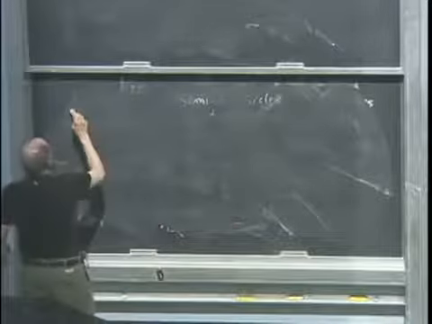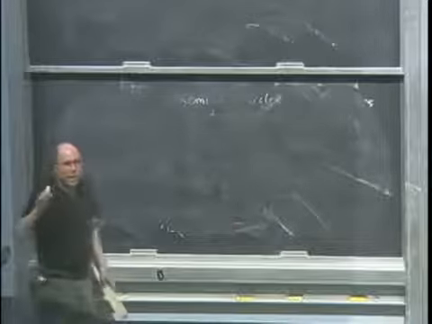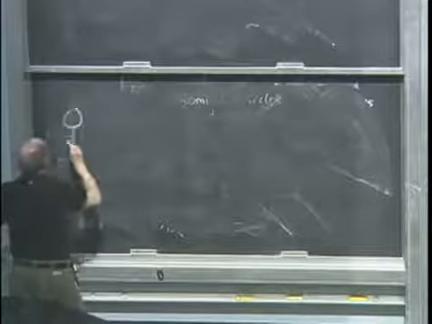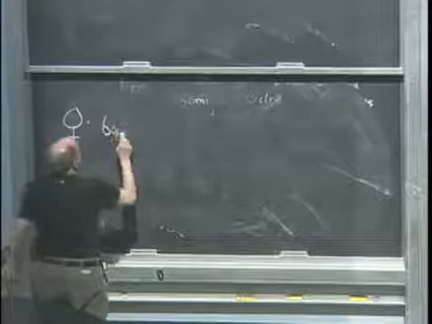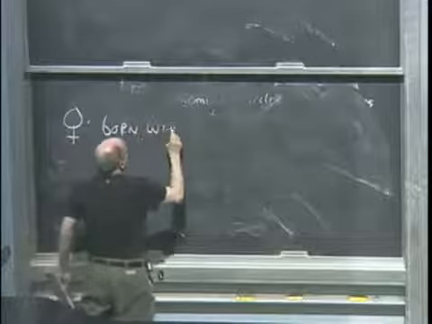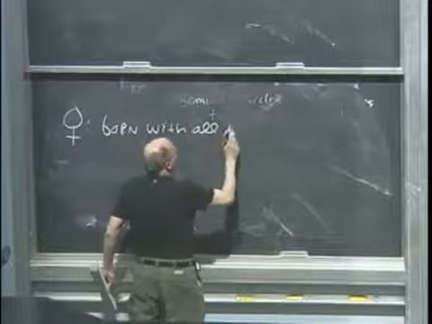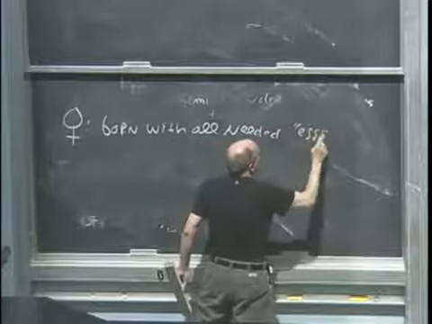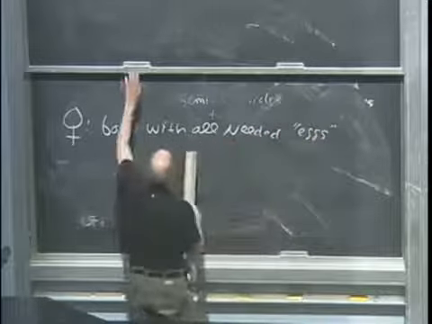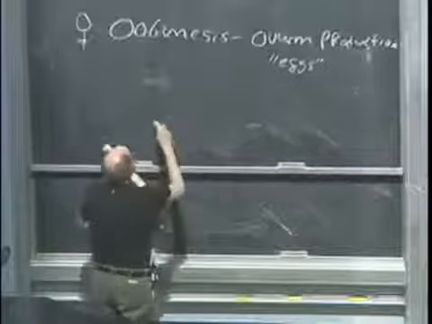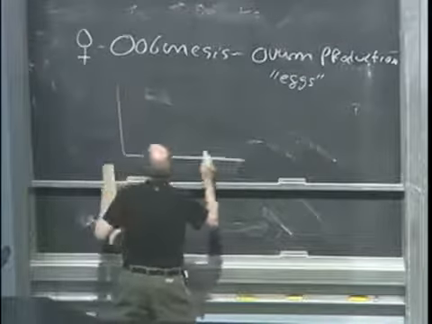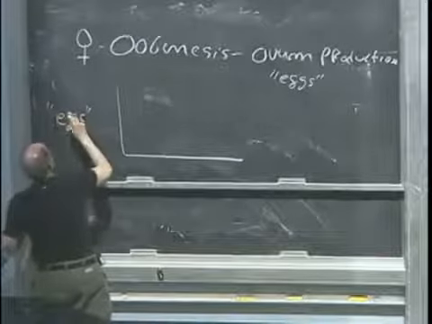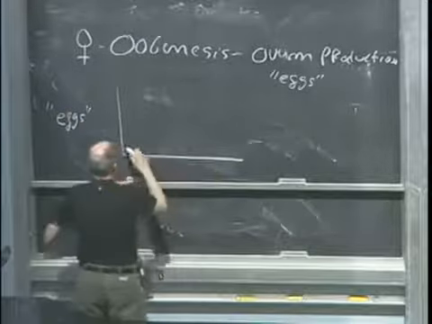Okay, for one thing, unlike males that are continually making haploid gametes, females, for the most part, are born with all their needed eggs, we'll call these eggs for now, we'll give it a name in a few minutes. They're born with all their eggs. And we'll just look at a developmental pathway here. Here's the eggs in quotation marks.